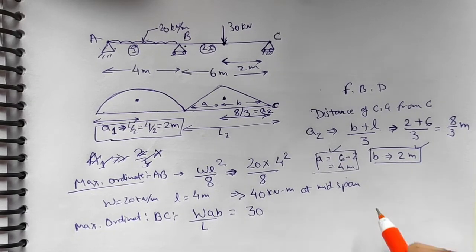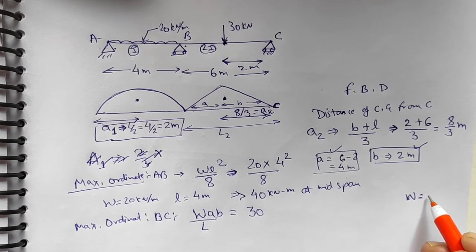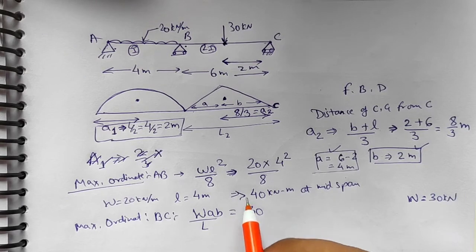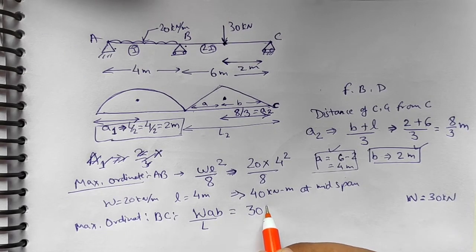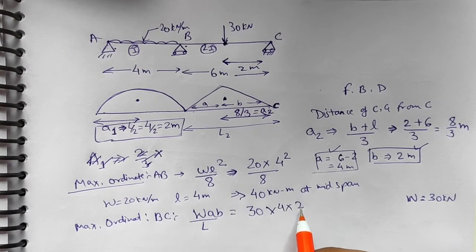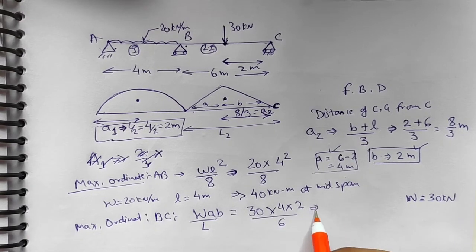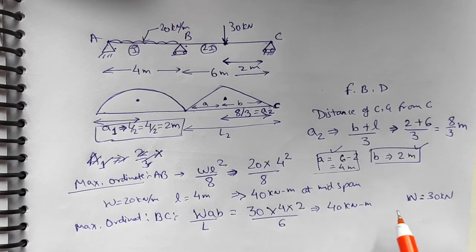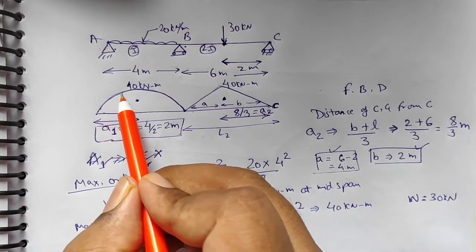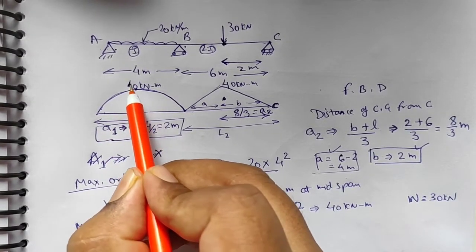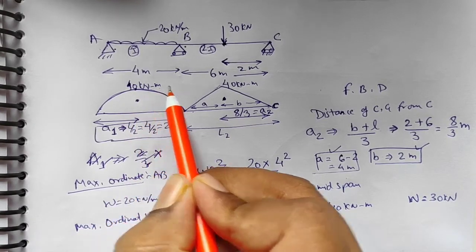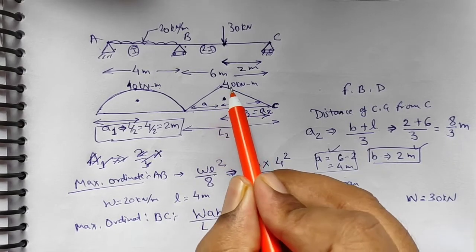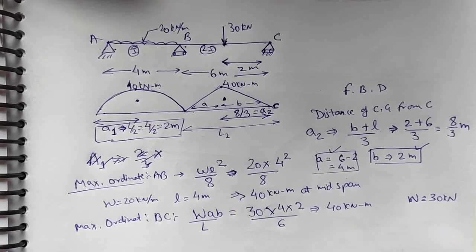W is the load value, that is 30 kilonewton. Now the value is 30 into 4 into 2 upon 6, which gives 40 kilonewton meter. I can label the maximum ordinate on the parabola as 40 kilonewton meter, and for beam 2 the maximum value is also 40 kilonewton meter.